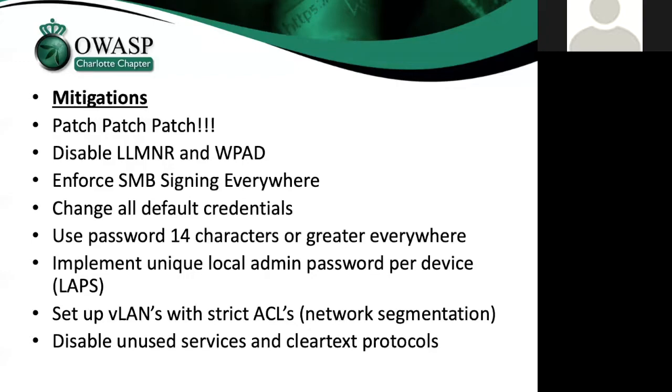And the last, there's a couple left here. Setting up VLANs with strict ACLs, network segmentation. Again, most places I go are still flat type networks, or will have quite a few different VLANs set up. However, the ACLs are loose, meaning they're not that restrictive.